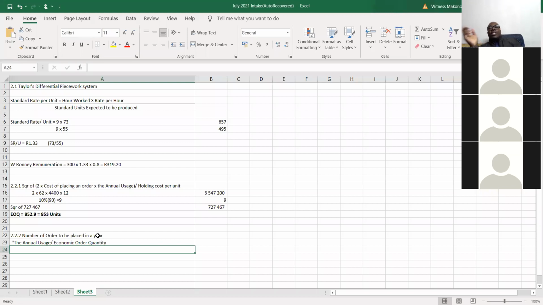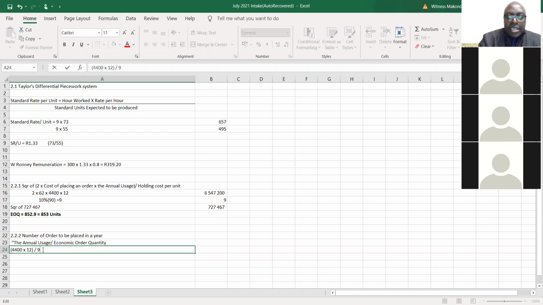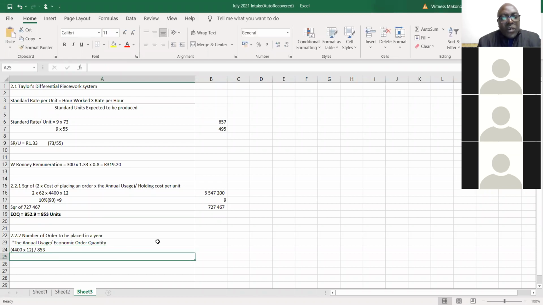But how many units do you need throughout the year, which is the annual usage? So you say 4,400 times 12 over the economic order quantity. You first calculate that, and then you divide by 853.